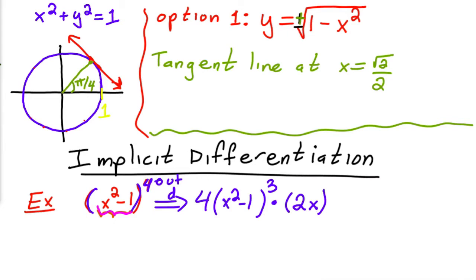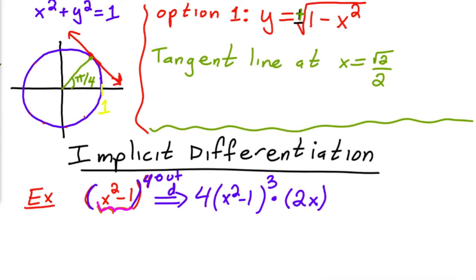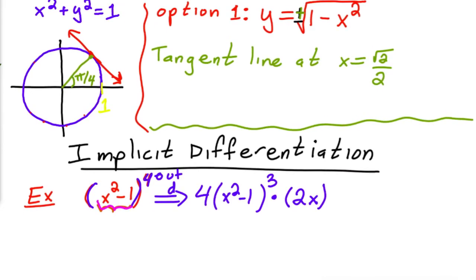Okay, so what I want you to pretend, and this is going to help the implicit differentiation method make sense, is to think of this guy right here, the inside, as, let's call that y. And let's just emphasize that if I call this guy y, y is going to be a function of x, right?